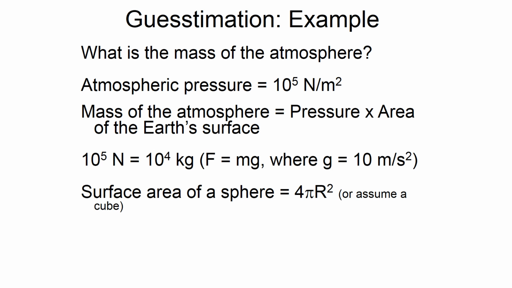So 6 squared, 6 times 6, is 36. Even if you didn't know, it's about 40, somewhere between 10 and 50.